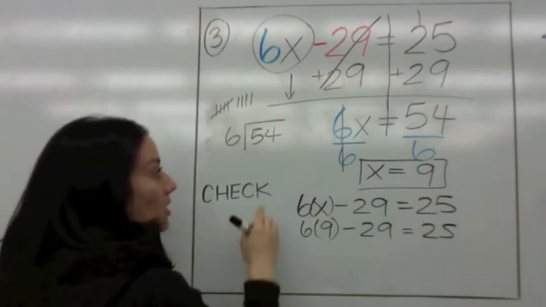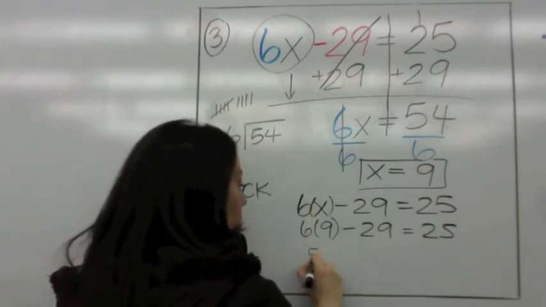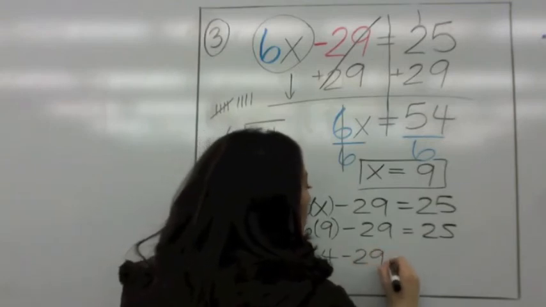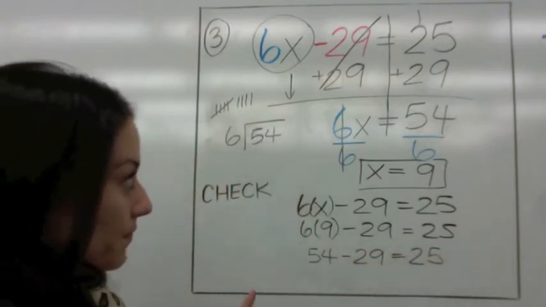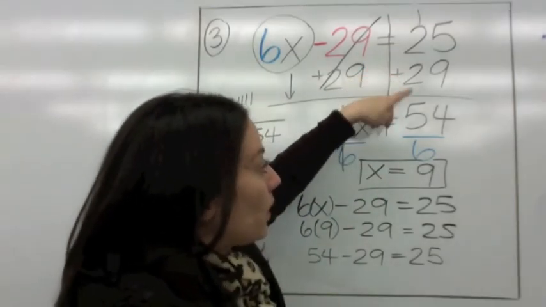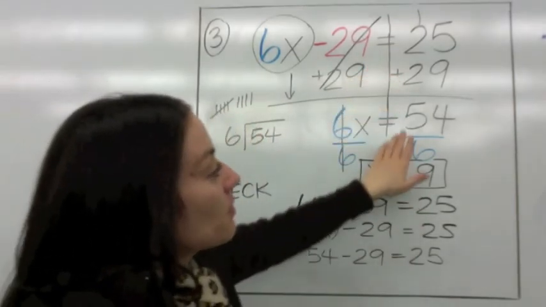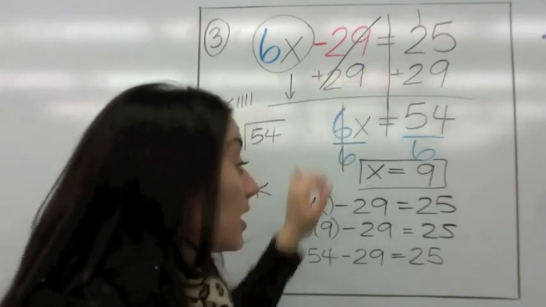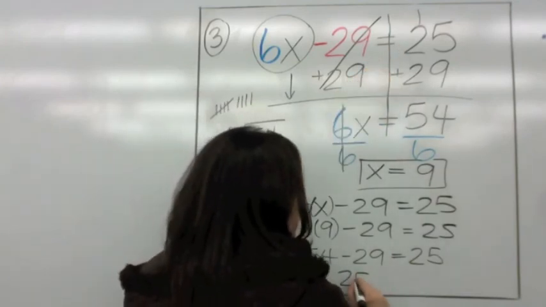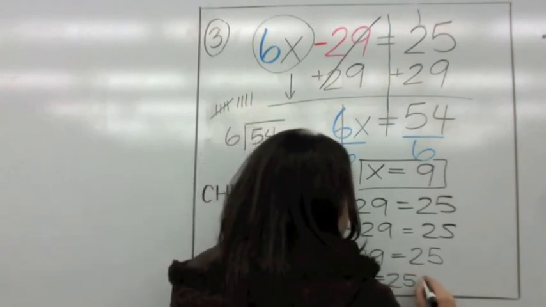Remember, 6 times 9 is what? It's 54. If you subtract 29, does it give you 25? So let's think about this. If 25 plus 29 is 54, then isn't 54 take away 29, 25? It is. So 25 equals 25, and put a check.